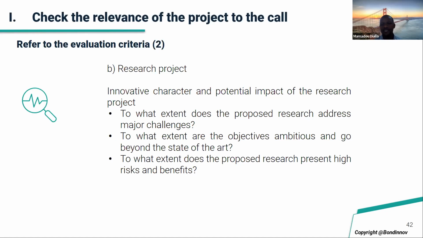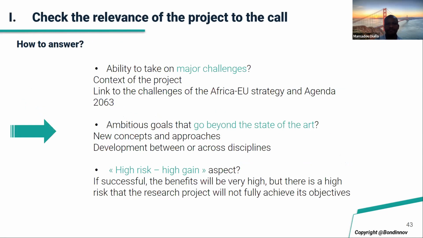Someone asked yesterday about risk and benefit. Do you ignore or do you mention? Better to mention and show how you will overcome, how you will limit, how you will mitigate these challenges.